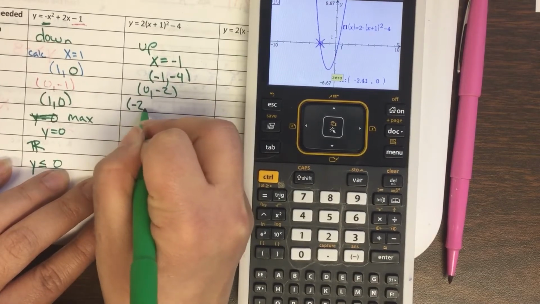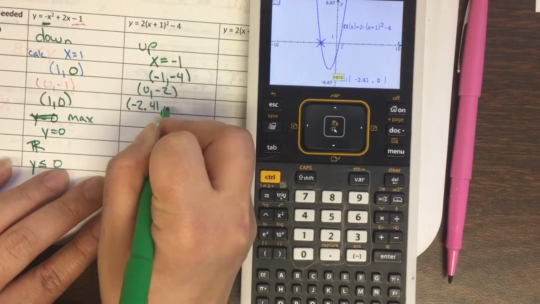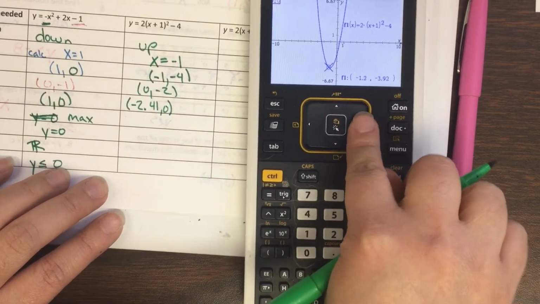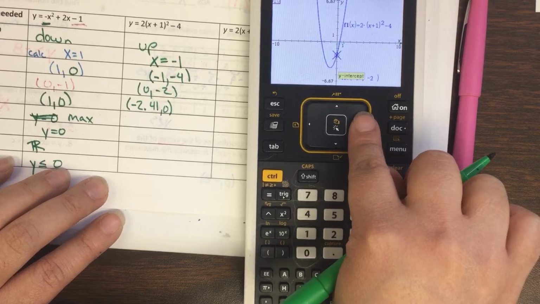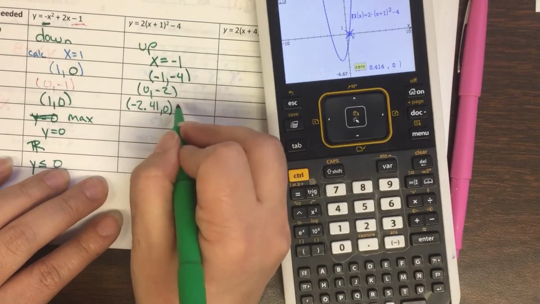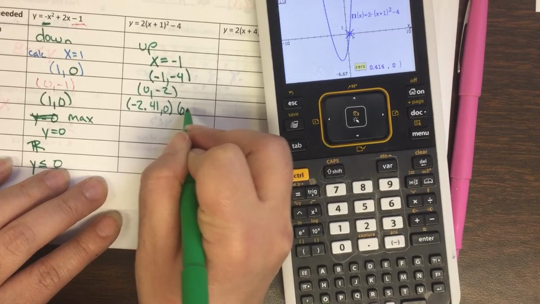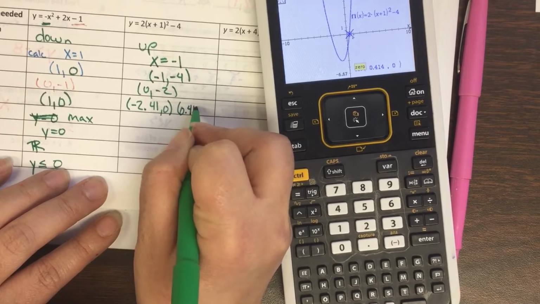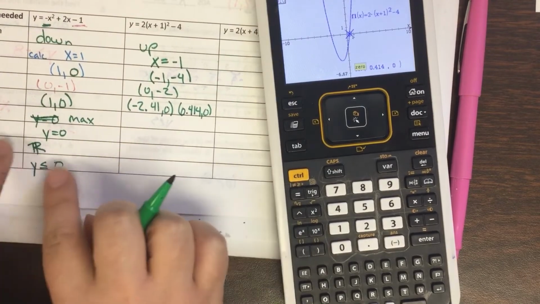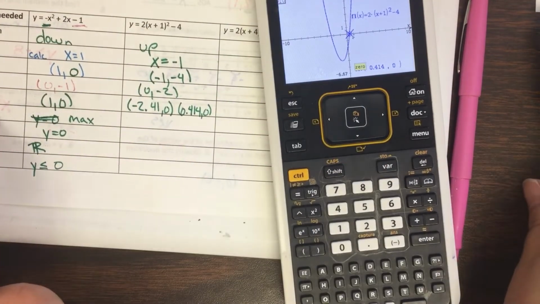There's no shame in having a decimal. So that's one of them, but I know there's another one, so I'm going to arrow over to the right. Another 0 pops up and I see my second decimal is at 0.414, and that's okay.